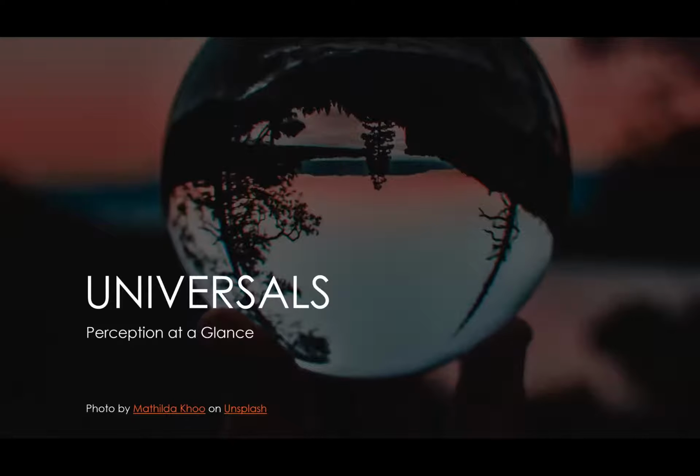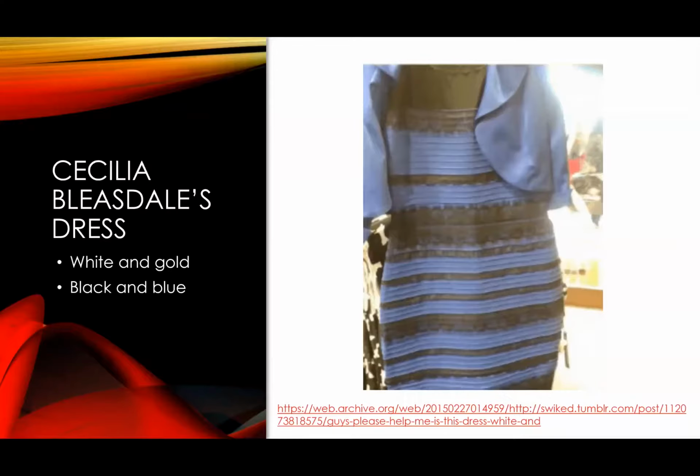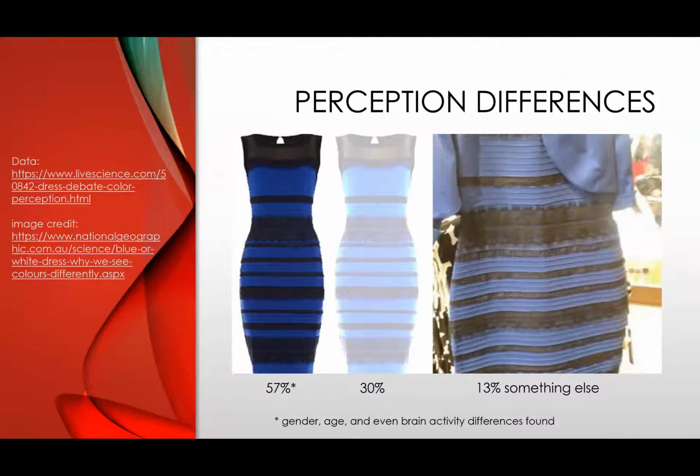When I talk to people about perception, we get told, hey, these certain things are universal. And one of my favorite challenges to that is this dress. A lot of people see a mix of colors. I've done this live in demos. If we had planned it a little bit better, I might have done a poll here, but when I've done this, what I find, and studies have shown this as well, is that about 50% of people see this as either purple or black.